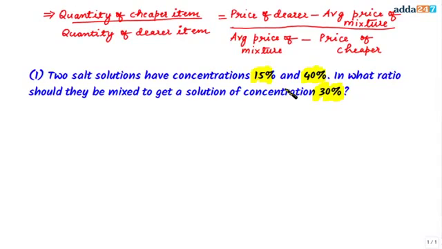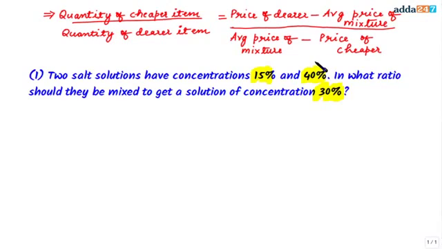What we have to find here is, in what ratio should the salt solutions be mixed to get a concentration of 30%? So, in other words, what we have to find is quantity of cheaper item divided by quantity of dearer item. And the next question which comes to our mind is, what is the cheaper item and what is the dearer item here?